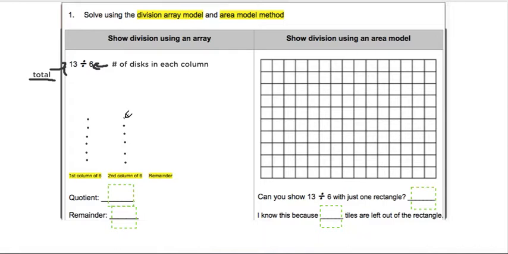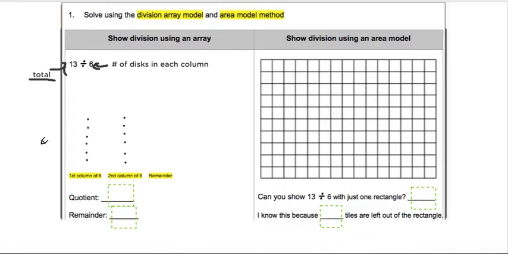Question, can I make another column of 6? In other words, if I already have 12 discs, will I be able to make another column of 6 if my total is 13? No, I can't make another column of 6.